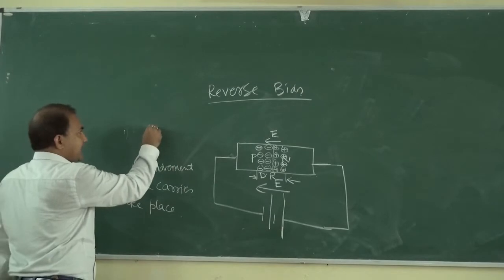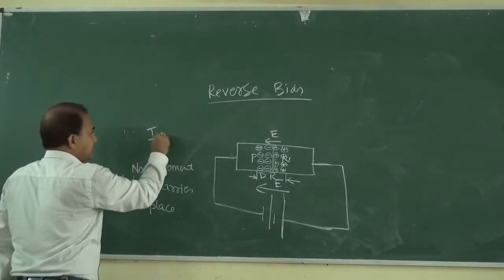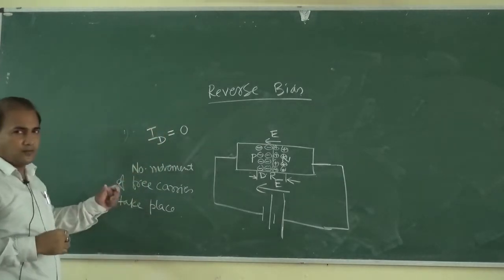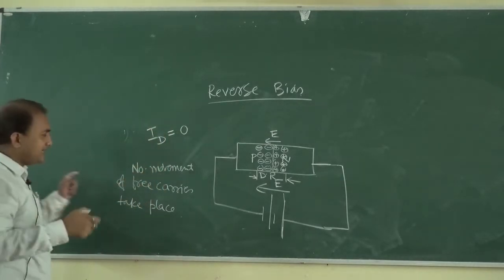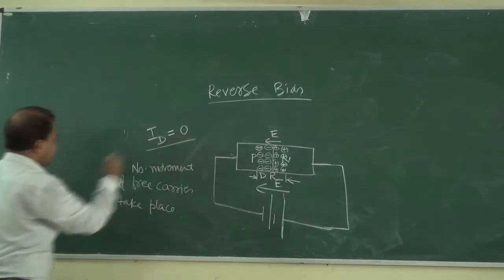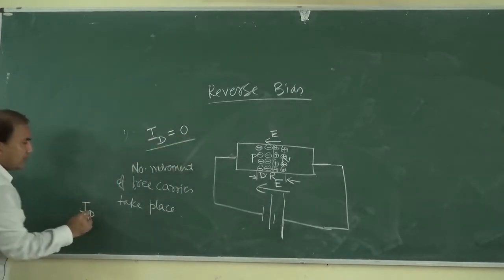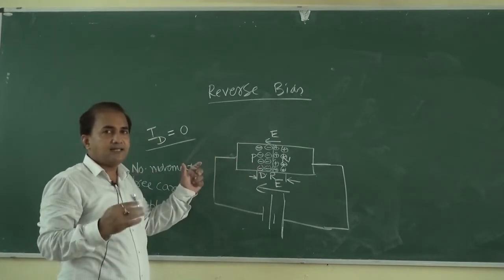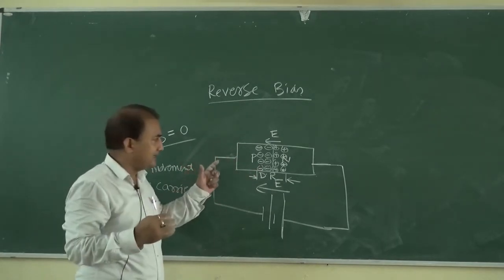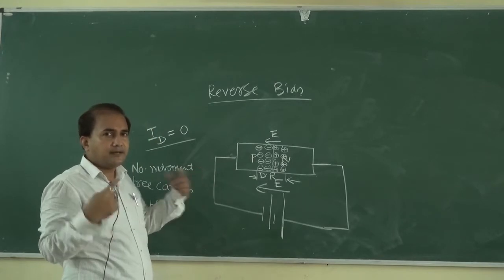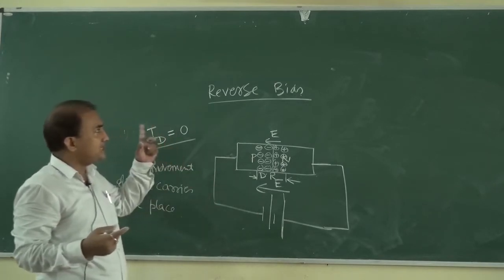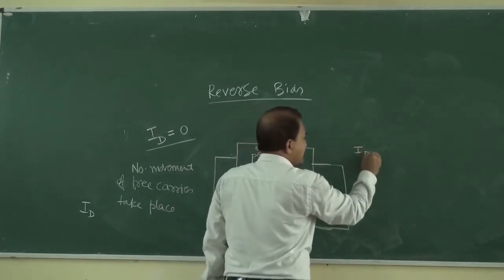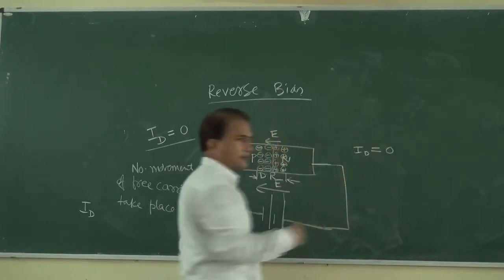So practically the diode current should be equal to 0, but practically it is not equal to 0. It is the reverse saturation current, the current that is produced due to the minority carriers. So in reverse bias condition, ID is almost equal to 0.